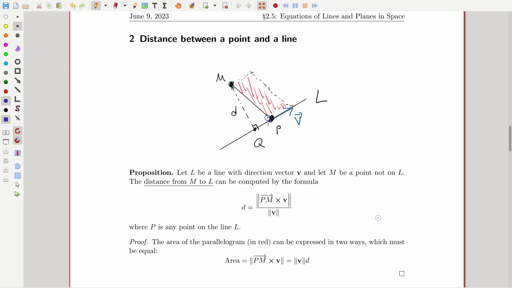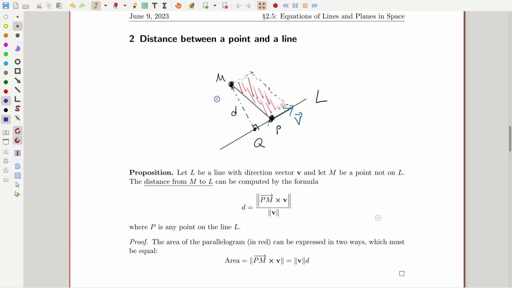And the second way is we think of base times height for a parallelogram. Base, we can let that be the side given by the vector v, and the height is going to be this distance. The distance is the length of the line that is perpendicular to the line L. You can see that I'm denoting it that way because that minimizes the distance.